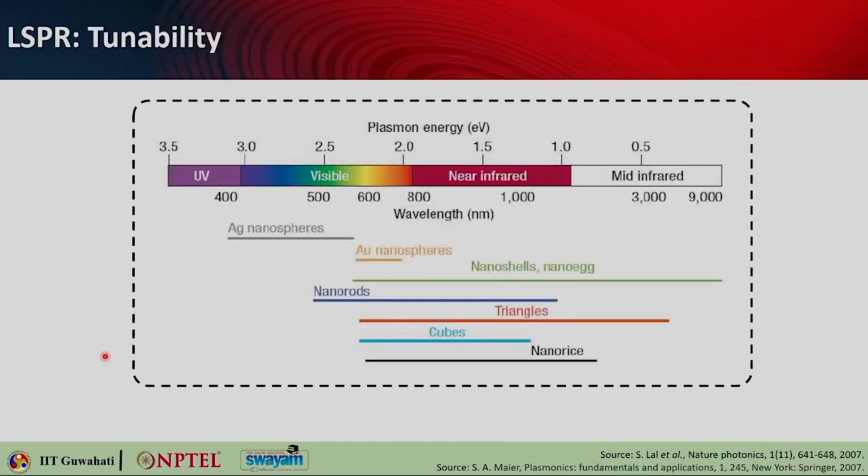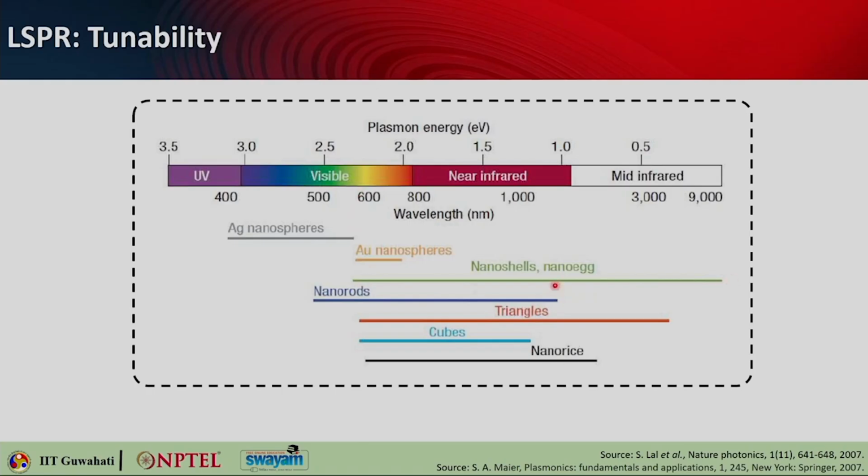You can look into this particular chart, and that will help you understand the tunability of localized surface plasmon resonance. Silver nanospheres scatter from 380 to around 600 as we discussed. Gold nanospheres range from say 520 to 660 as we discussed before. But look at these nanoshells or nano eggs, they have a very wide range of tunability, from the visible range to the mid infrared.